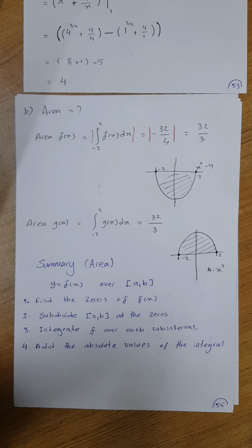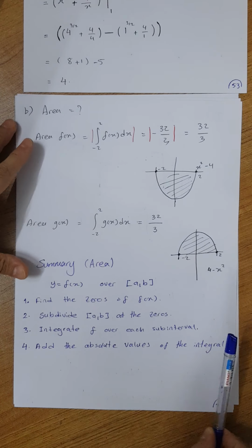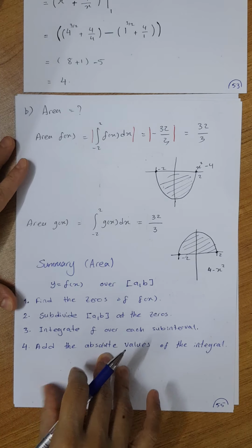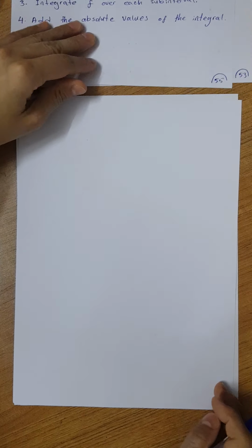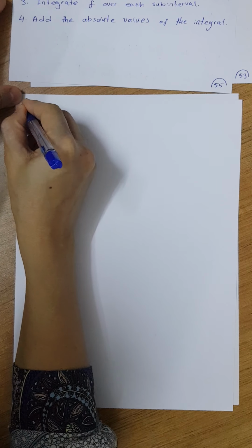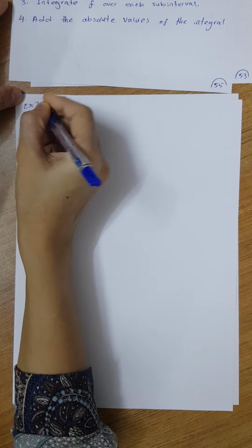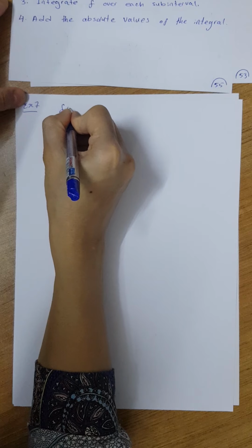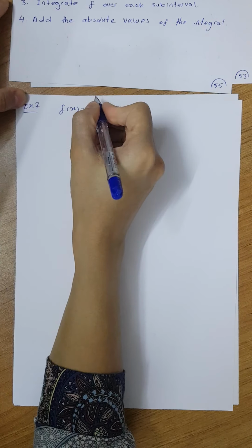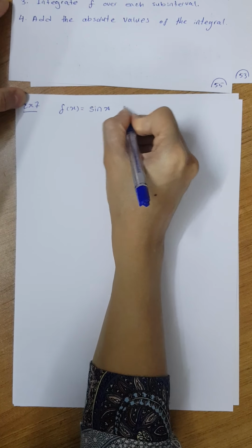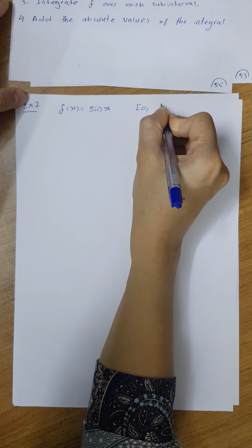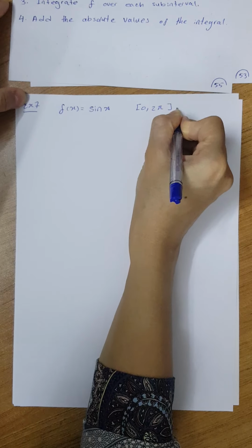We are given an example in here. It says find the definite integration. Let me write the example for you here. Example 7. We are given a function f of x that's equal to sine x, and that sine x is given over the interval 0 to 2 pi.